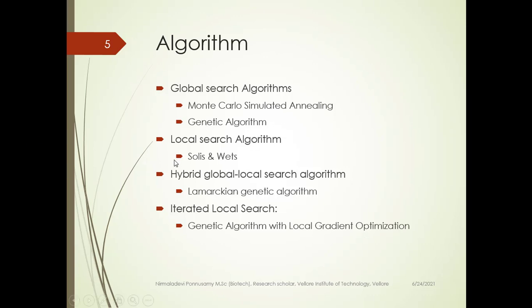For the local search algorithm, the Solis and Wets method, mostly AutoDock uses SA and the genetic algorithm. For the hybrid global-local search algorithm, there is the Lamarckian genetic algorithm, also called LGA.